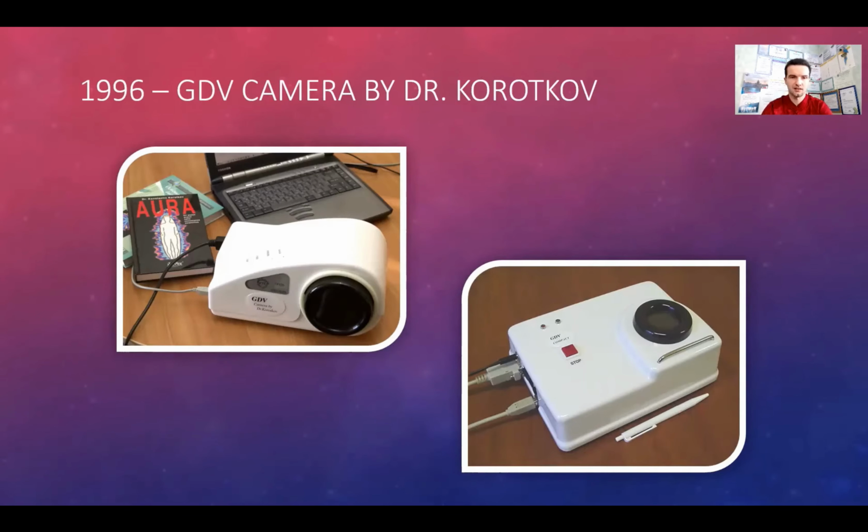One device with software could cost 10 or 15 or even more thousand dollars or euros. Still, people were so interested in studying this unknown phenomenon, this glow around the human fingers, and people were still curious, thinking that it is some kind of aura that these devices are able to capture.